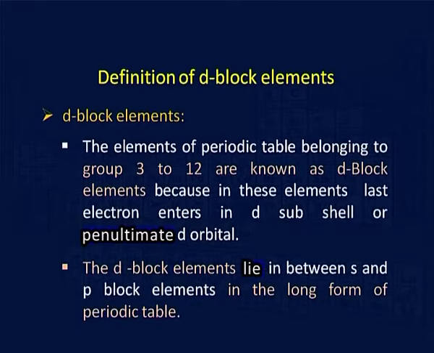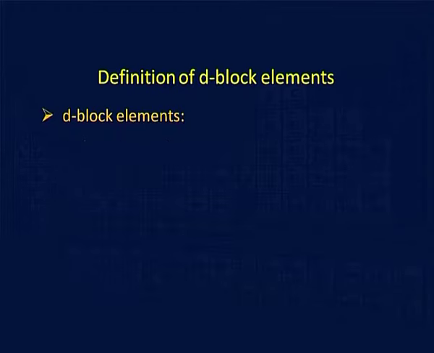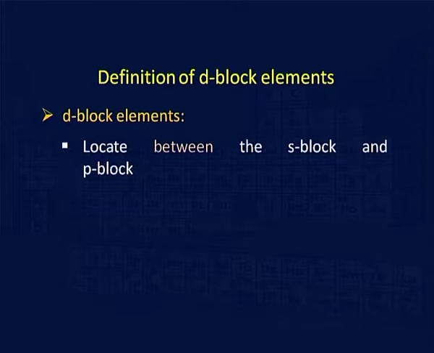The D block elements, as I told, lie between the S and P block elements, and therefore, sometimes the word transition elements or transition metals is used for these, because when you have to pass from S to P, you have to pass via D. But the IUPAC definition of the transition element is something different.